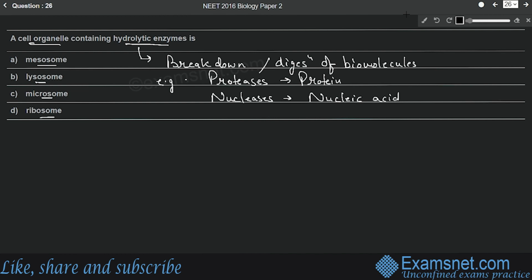In none other than lysosome. And therefore, sometimes lysosome also digests the complete cell. And this is the reason why they are known as the suicide bags of the cell. Okay, because they can digest the complete cell sometimes, but not always, right? So, therefore, the correct answer is option number B, lysosome.